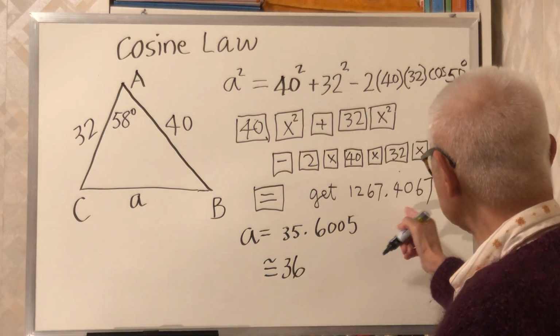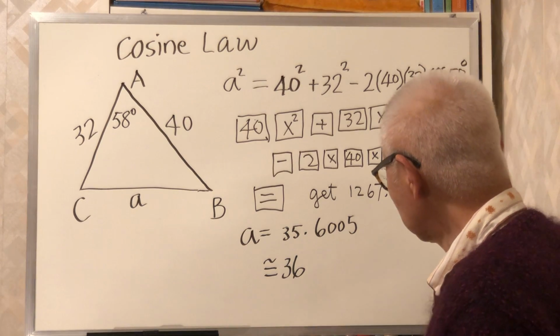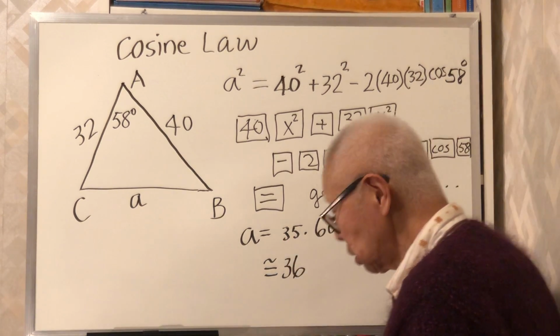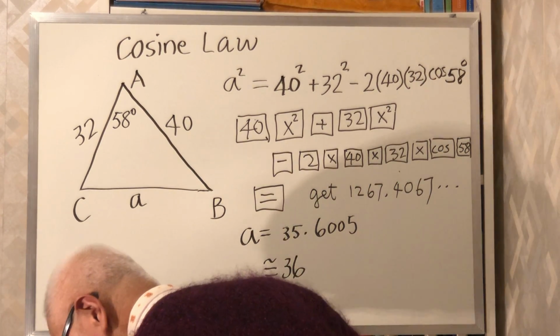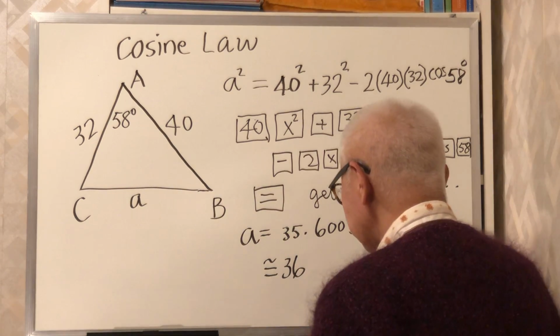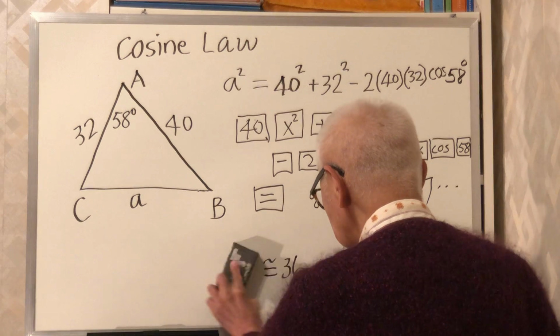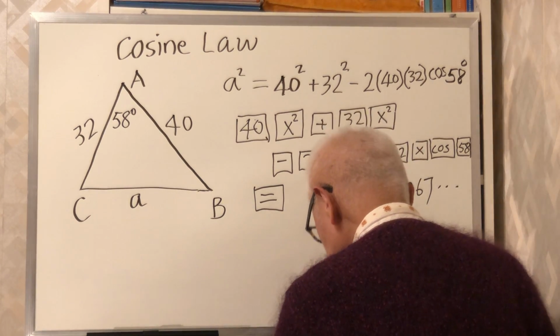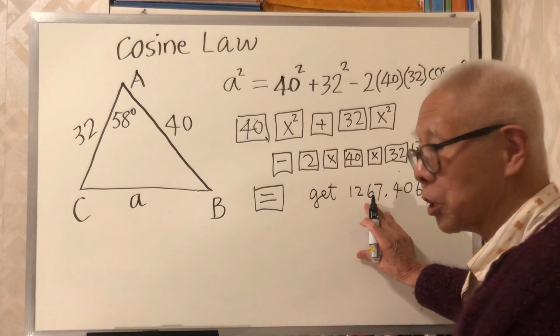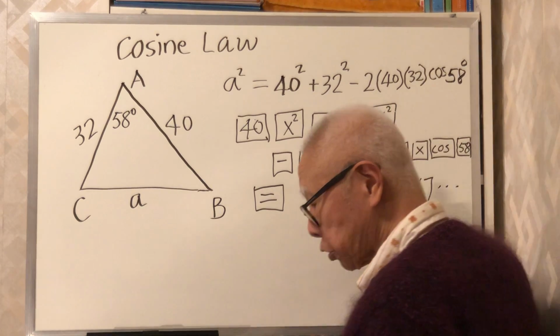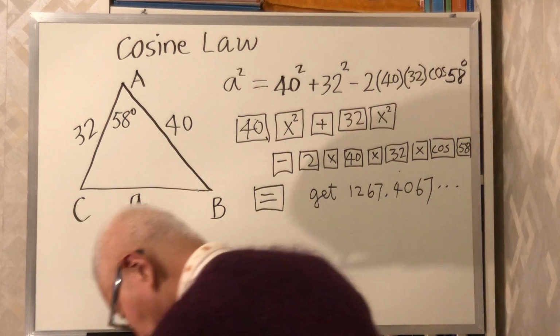So the decimals is more than that. After that, how do you do square root? You already have the answer to that. Then you press the square root button.